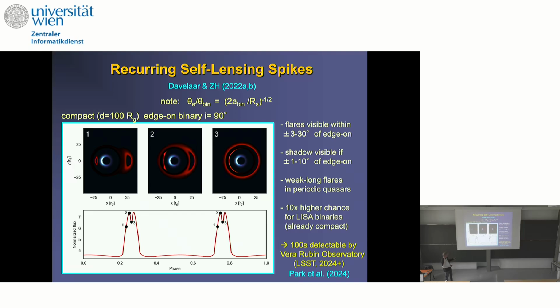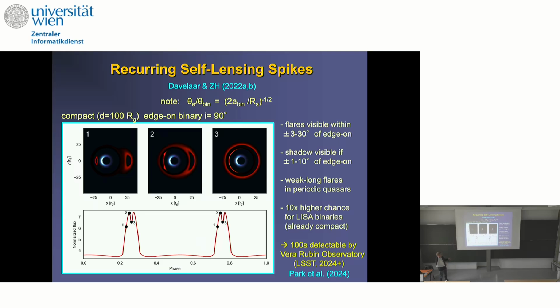So the prediction here is that for binaries which are aligned sufficiently well that they're within the so-called Einstein radius for lensing, you'll produce recurring periodic flares with dips. Of course, the data will be noisy, but hopefully you can pull this out of noisy data if you have enough periods.